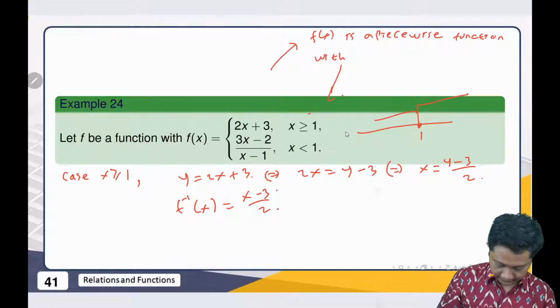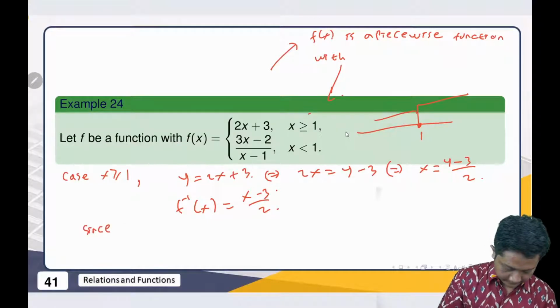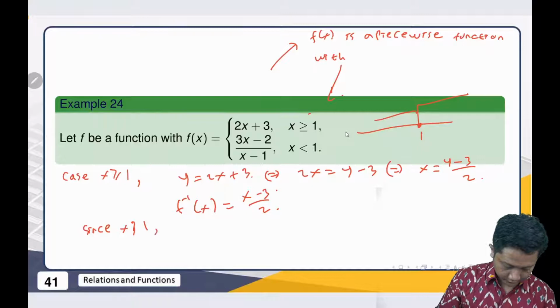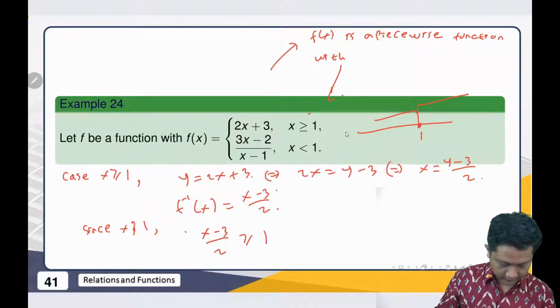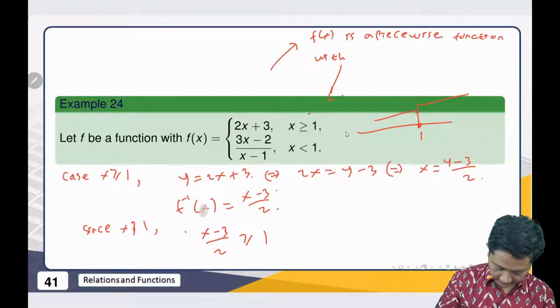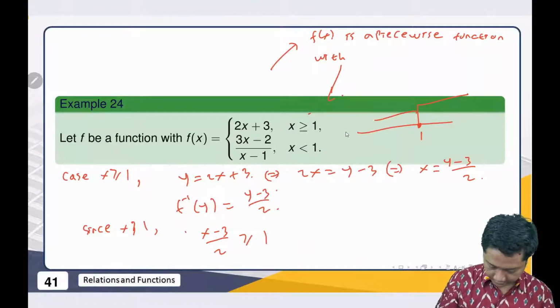And when we have x greater than or equal to 1, we have (y minus 3) over 2 will be greater than or equal to 1 here.